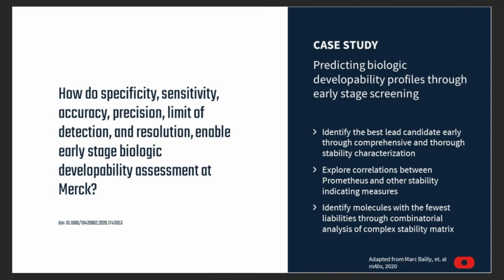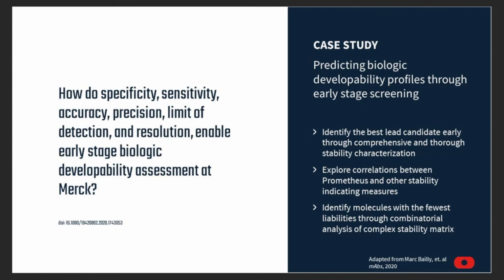I'm not going to really touch upon any of this here, but I wanted to briefly bring up that in addition to this late stage characterization that Jie has been featuring so nicely, there are many other publications out there where groups are talking about how these same properties of the Prometheus and nanoDSF technology that are so important to Jie, that he so nicely lays out in his presentation, about specificity, sensitivity, accuracy, precision, limit of detection, and resolution, really enable his work in late stage characterization, those comparability studies.